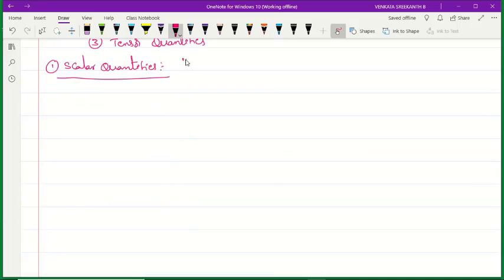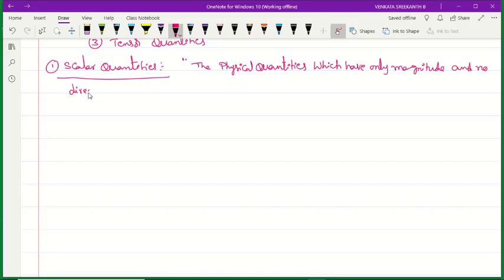The physical quantities which have only magnitude and no direction are called scalar quantities.